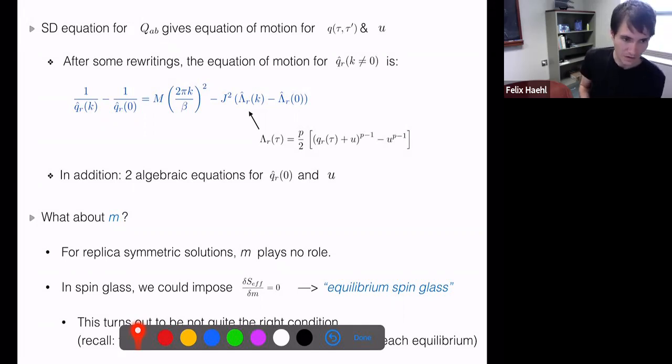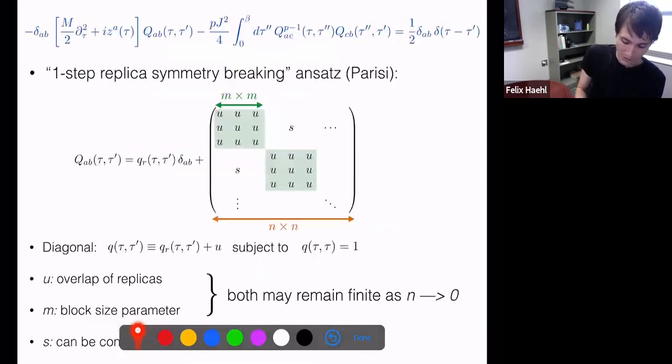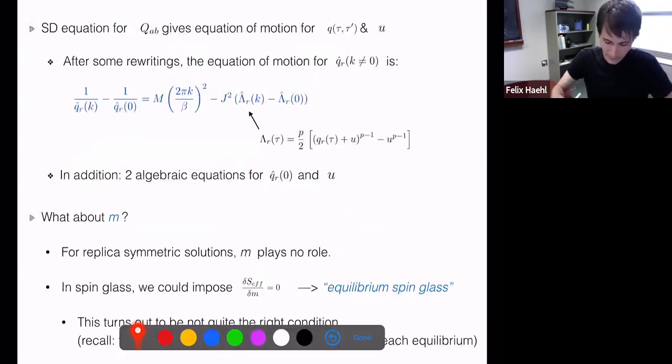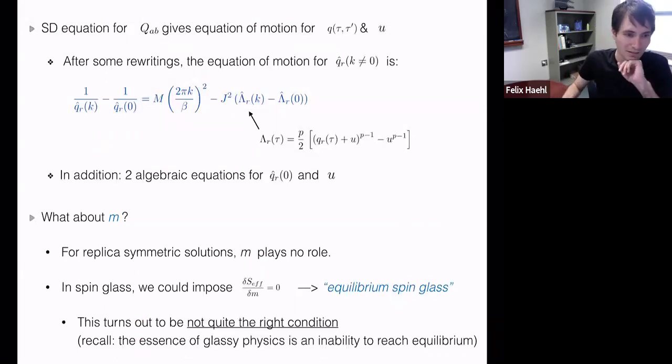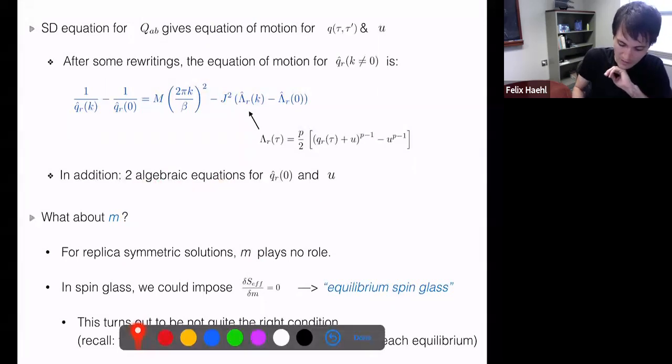At 0 frequency, there's an additional equation which I didn't write, and then there's another equation for the parameter u. It shows up in this matrix, so you can also vary the effective action with respect to that parameter and get another equation. So there's a few equations that are coupled, and then you have to solve. But these two other equations are algebraic.